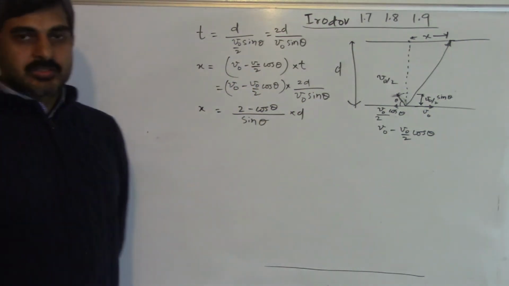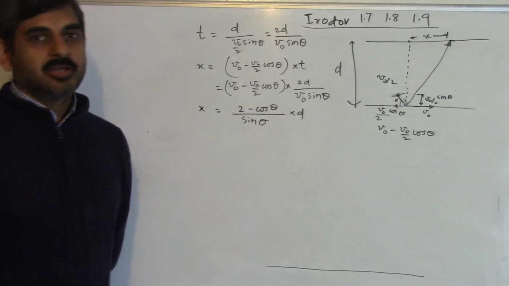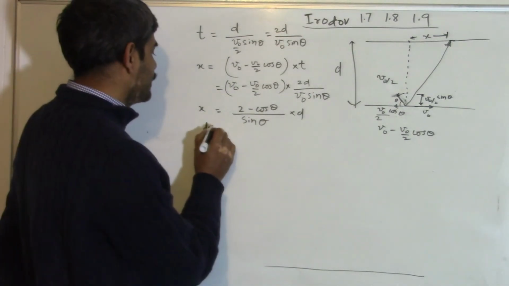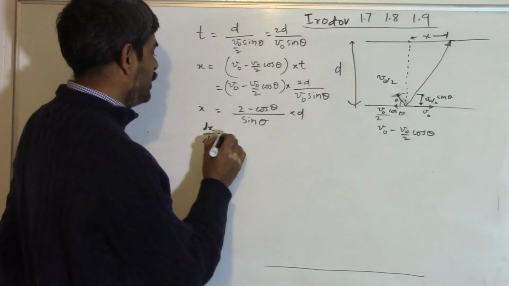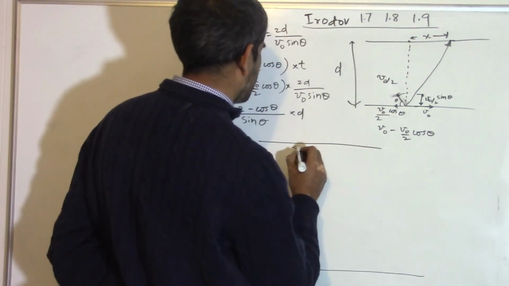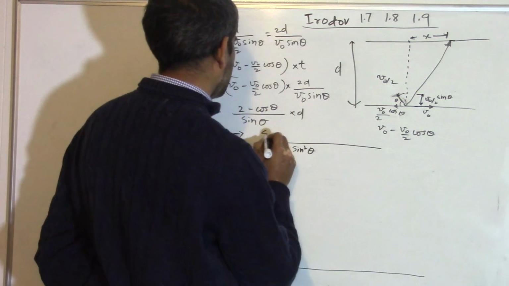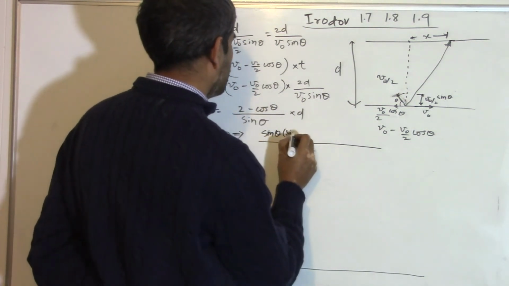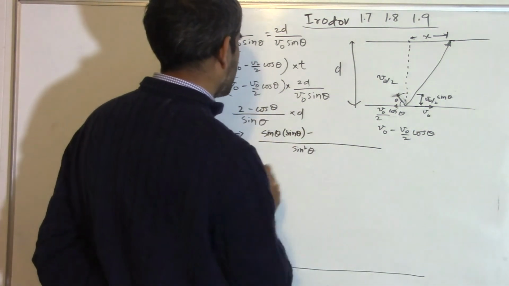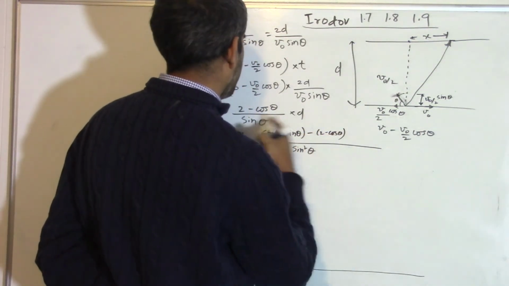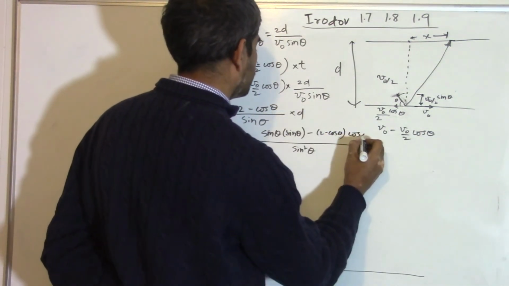In order for this distance x to be optimal, maximum or minimum, we must have dx upon d theta equal to 0, which means sin square theta, sin theta, differential of minus cos theta is sin theta, minus 2 minus cos theta, and differential of sin theta is cos theta.